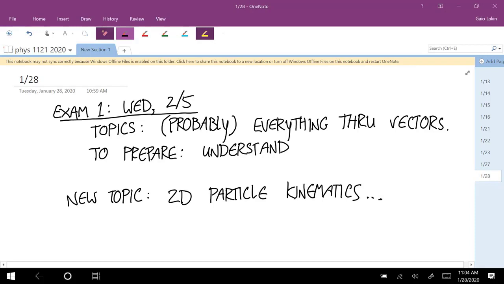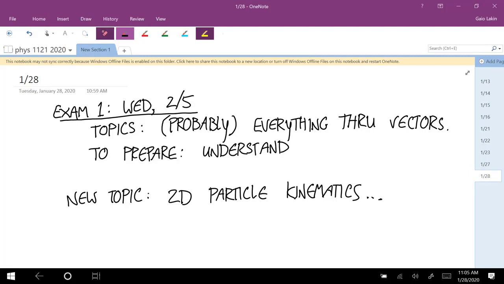Particle means that we're not dealing with the orientation of objects. Kinematics means we're not dealing with the causes, we're just dealing with position, velocity, and acceleration. 2D, so we were doing it along a line up until now, but 2D means that these things can now move in a plane. So they have more ability to move.